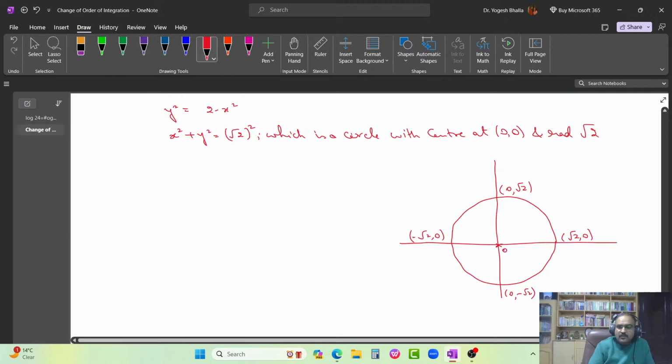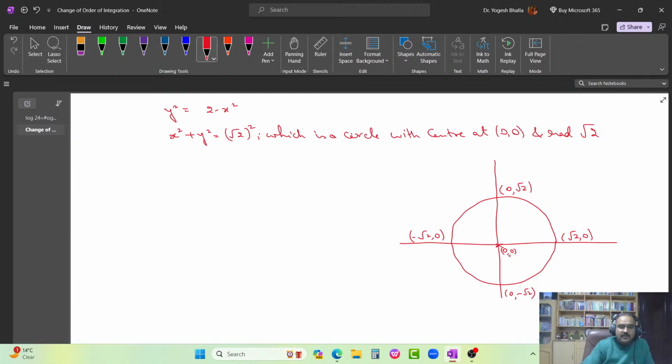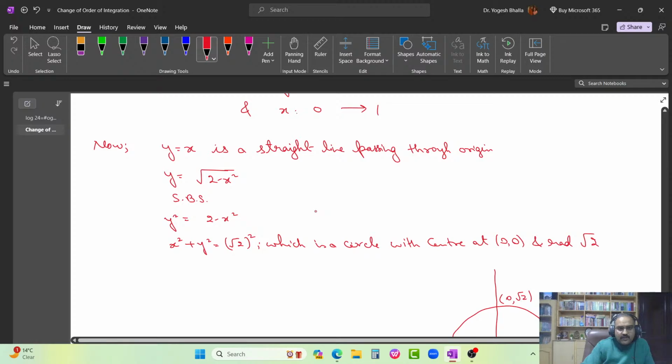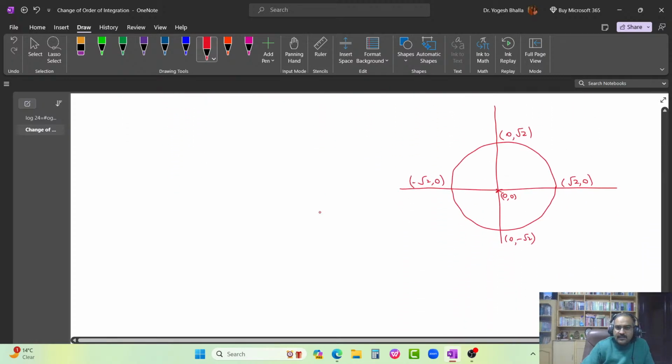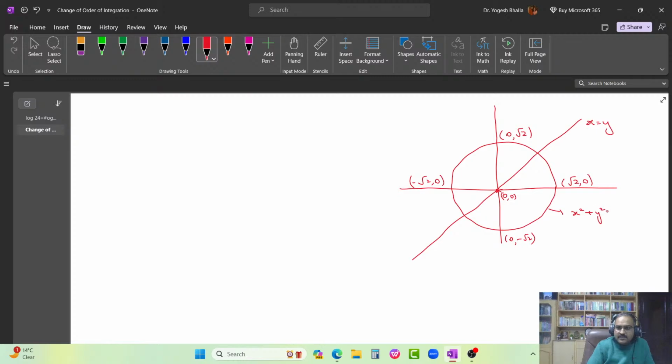This is my origin 0, 0. Now what is next? Y is equal to x, that is a straight line passing through the origin. So this is my straight line, x equal to y, and this is my circle, x square plus y square is equal to 2.